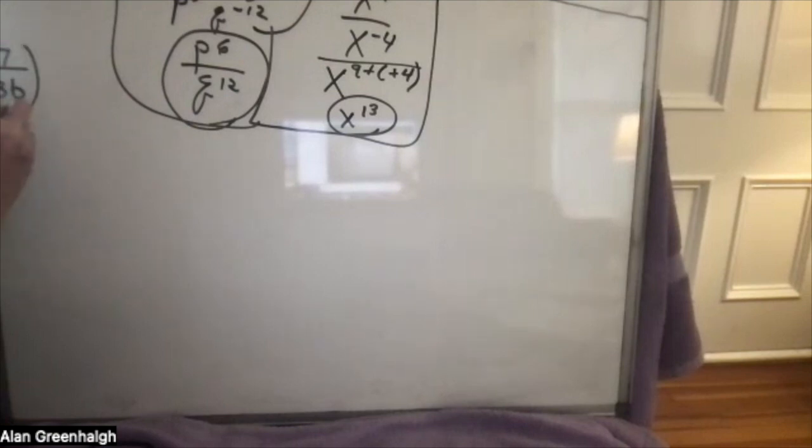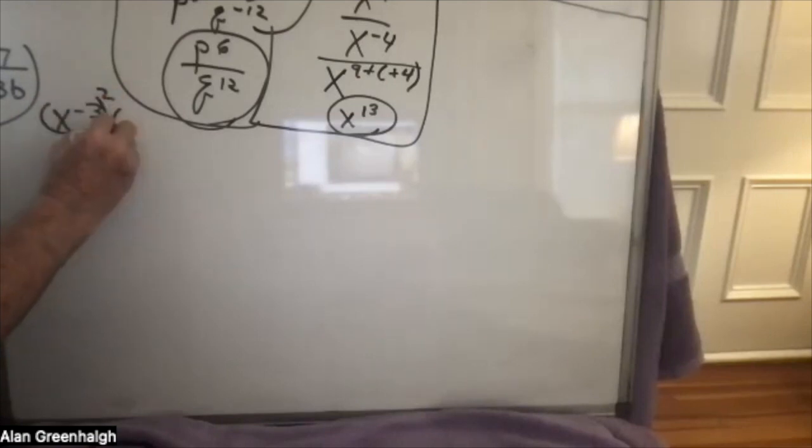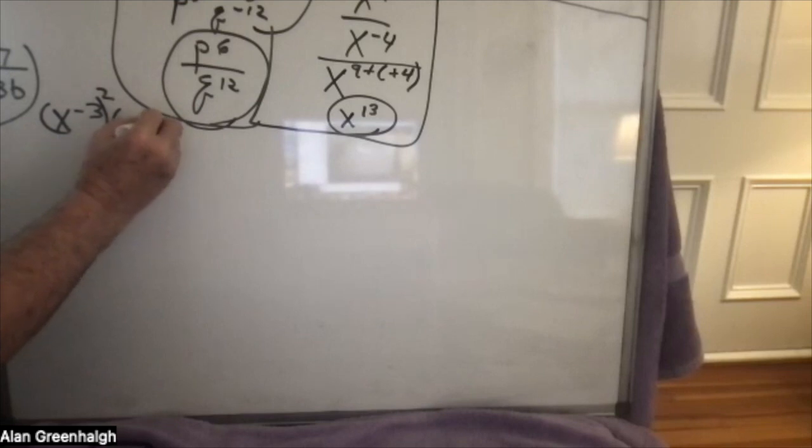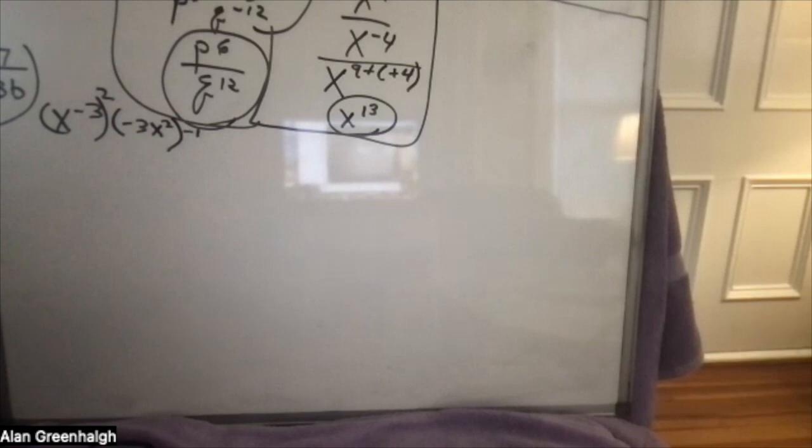And the problem is x to the negative 3 raised to the second, times negative 3x squared raised to the negative 1, divided by x to the negative 8.